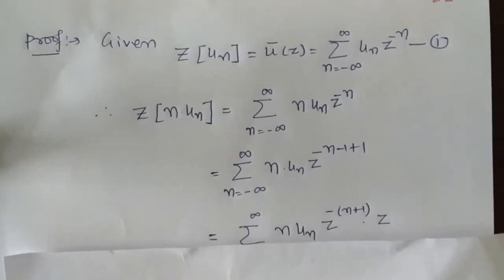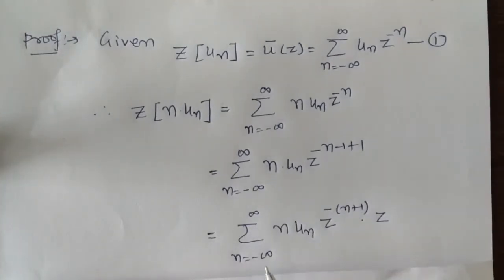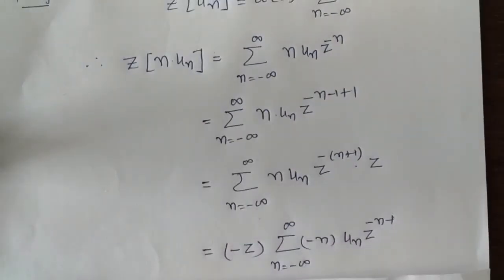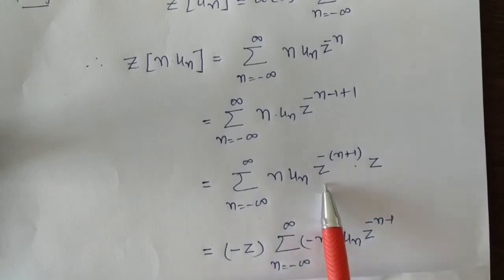Then we have summation n goes from minus infinity to plus infinity n u_n z^(-n-1), and we take minus common here into z^1. Now as the summation is varying on n, we can write this z outside the summation, and further we write minus z.